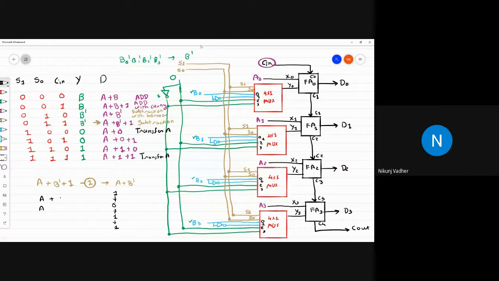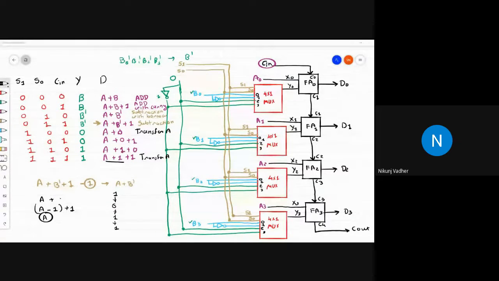So this can be written as A minus 1, and it will be incremented by 1. So we will get A. For that reason, this will result into transfer A. Clear, all of you?